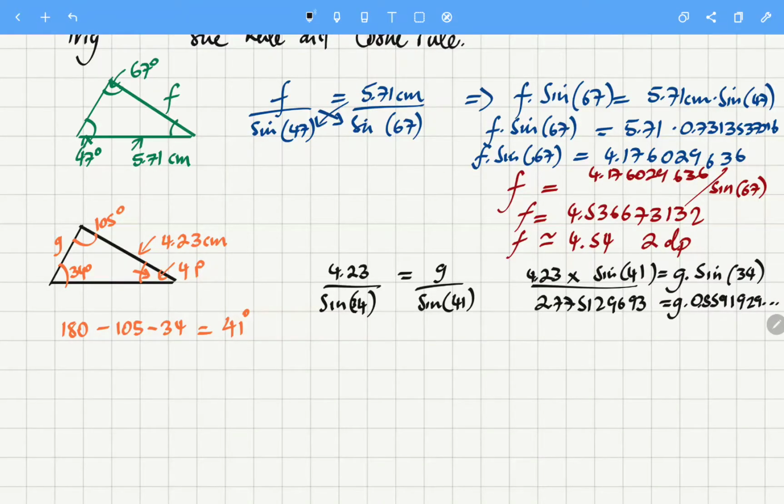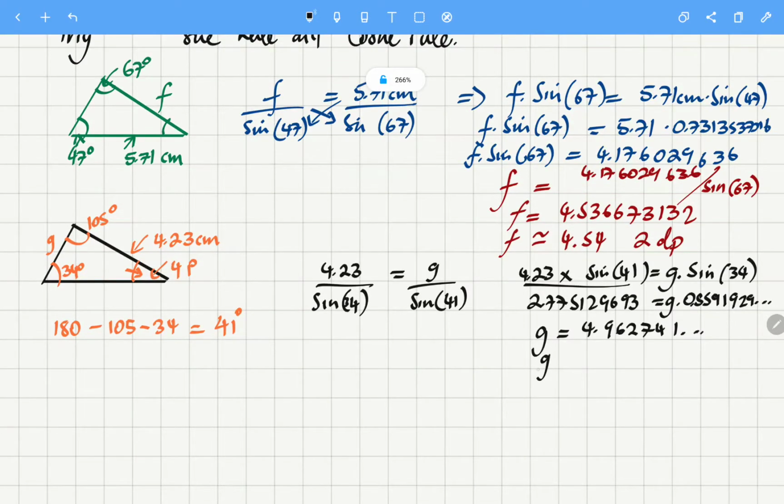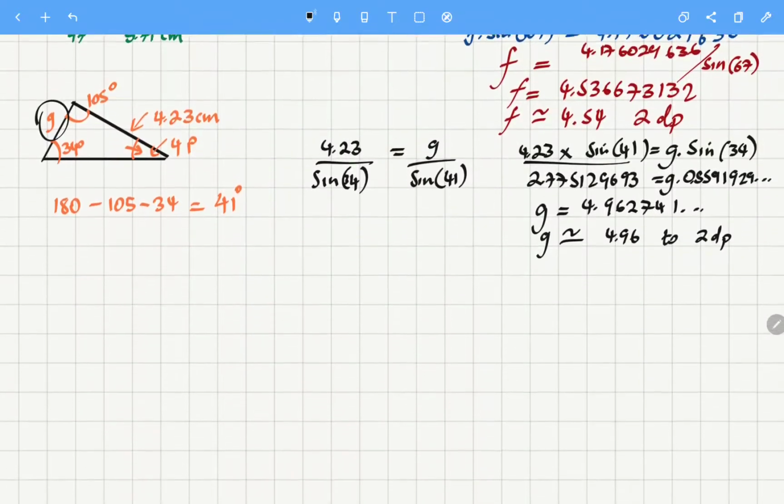Dividing by 0.559 to get G on its own, G will be 4.962741, approximately 4.96 to 2 decimal places. So that's the length of G.